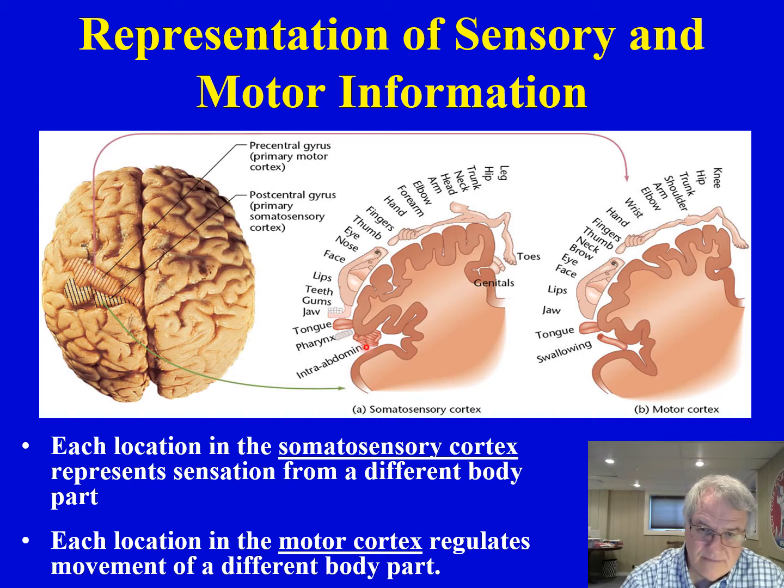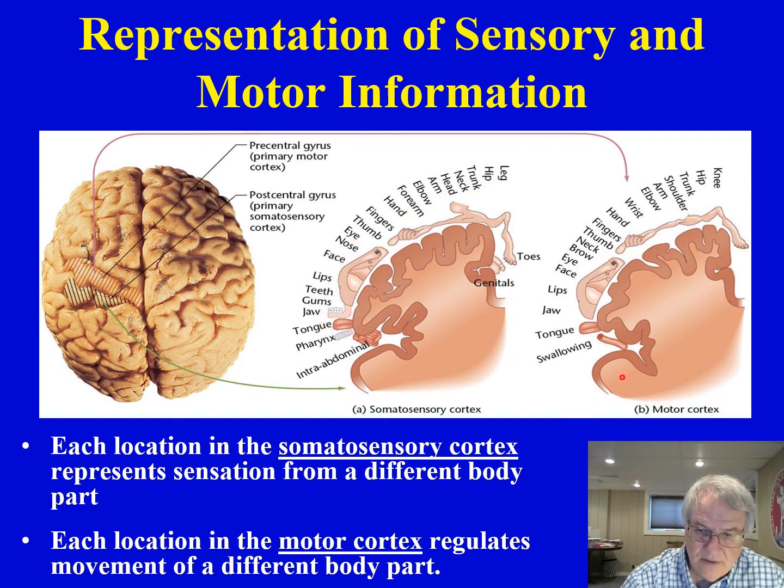This map that you see here was generated from a lot of research that was done when these parts of the brain were stimulated. You could see various responses that would occur that were related to these parts of our body.